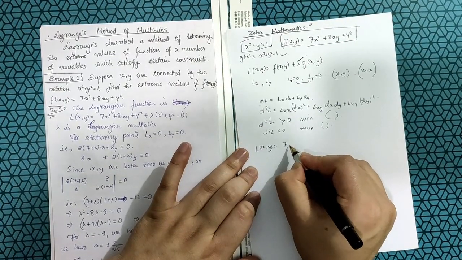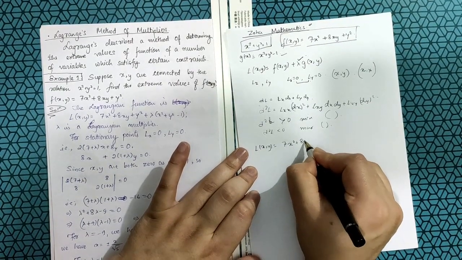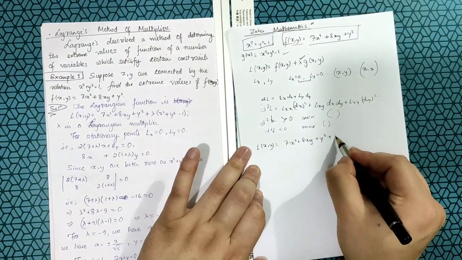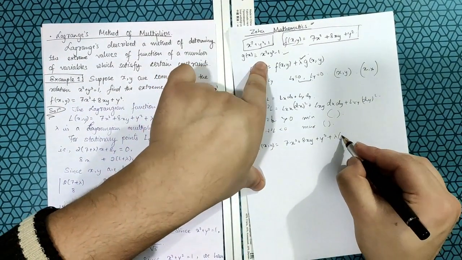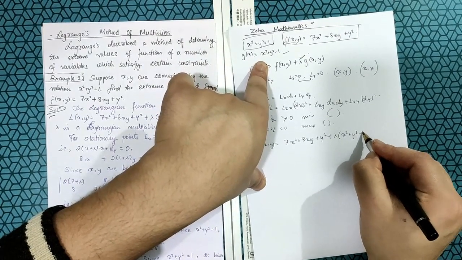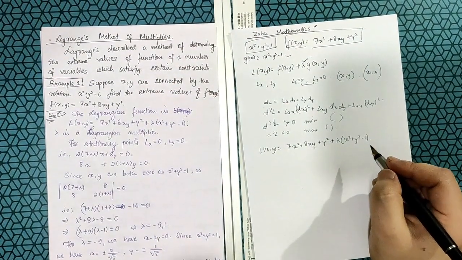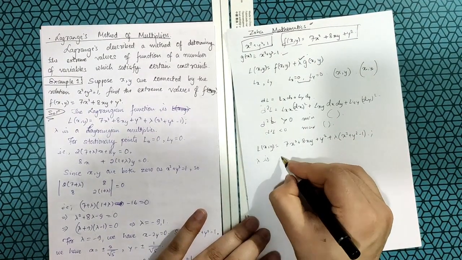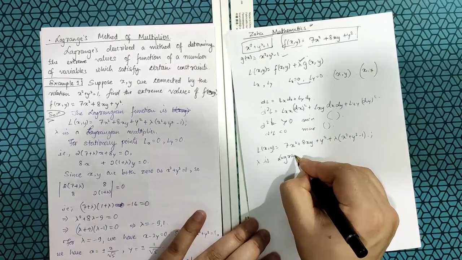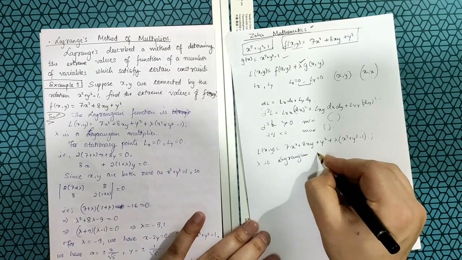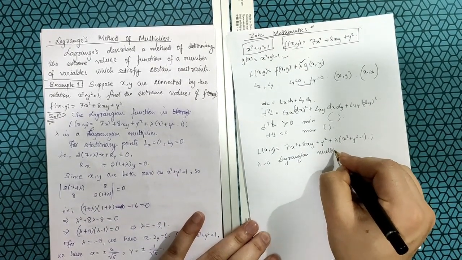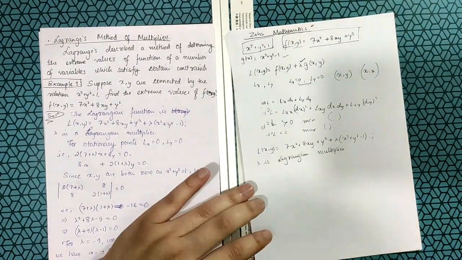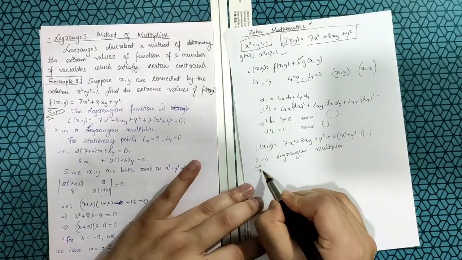So it will be 7x square plus 8xy plus y square plus lambda g of x y. So g of x y is x square plus y square minus 1, where lambda is the Lagrangian multiplier.